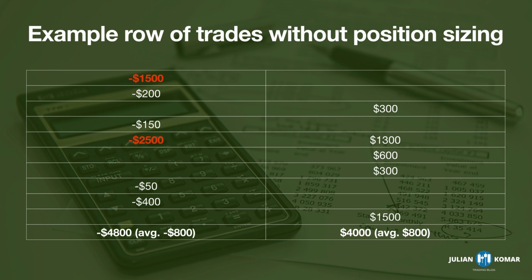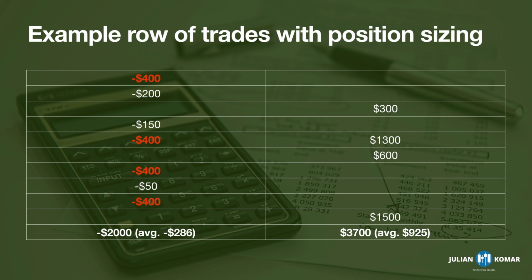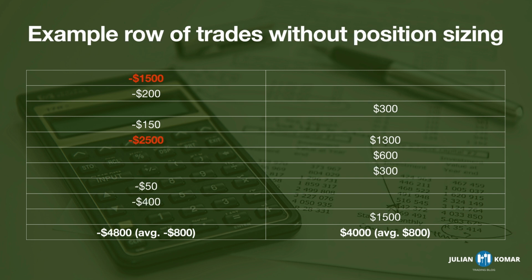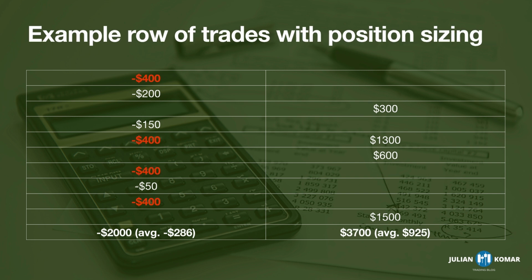I just put it into the loss column to show you that although we have more losers here, the average loss is now much smaller because we eliminated the big losses. You can see we had an average loss of 800 before, and now we reduced the average loss to 286. And we did that only by eliminating the big losses in that series of trades.